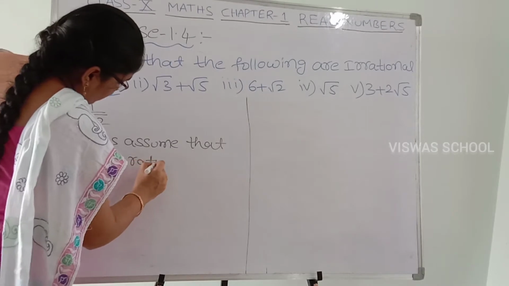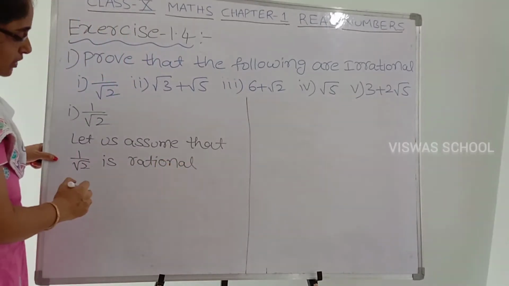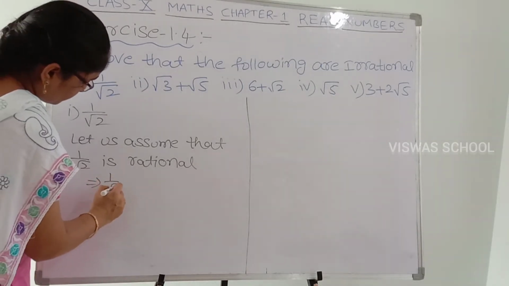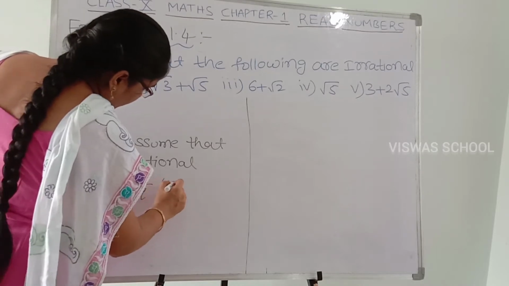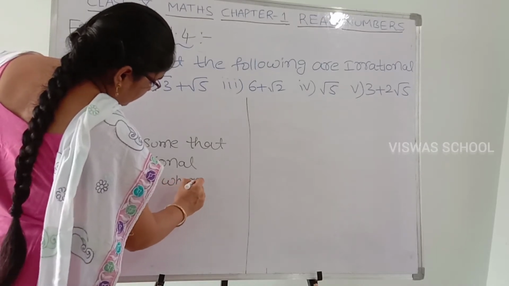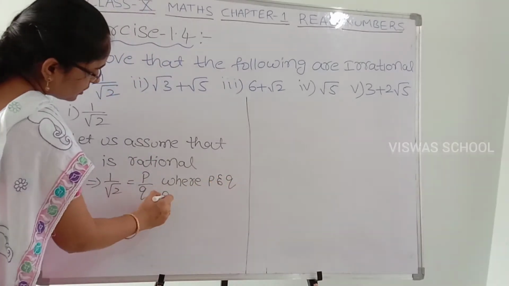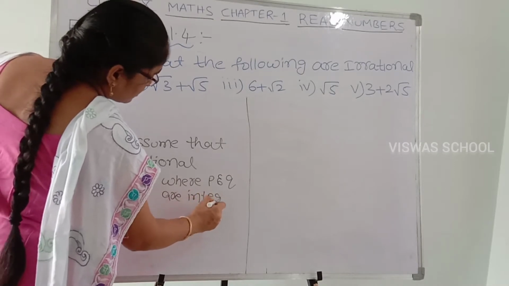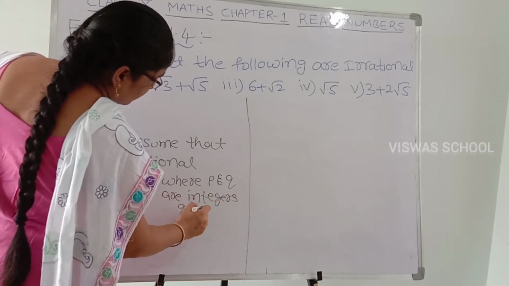If 1 by root 2 is a rational number, it is in the form of P by Q. That is, 1 by root 2 equals P by Q, where P and Q are integers, and Q is not equal to 0.